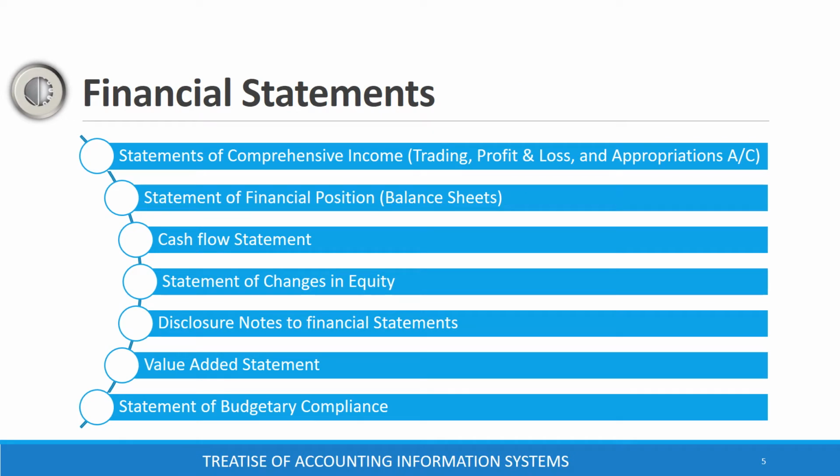Financial statements for financial reporting include the statement of comprehensive income that shows trading profit and loss and appropriation account, statement of financial position, commonly known as balance sheet, cash flow statement, statement of changes in equity, disclosure notes to the financial statement, value added statement, and statement of budgetary compliance.